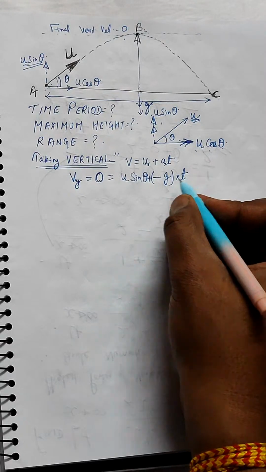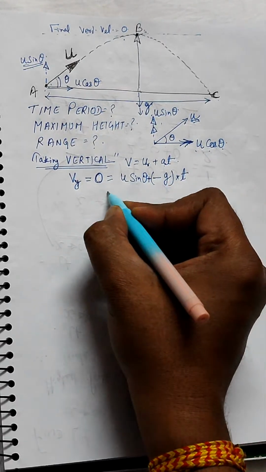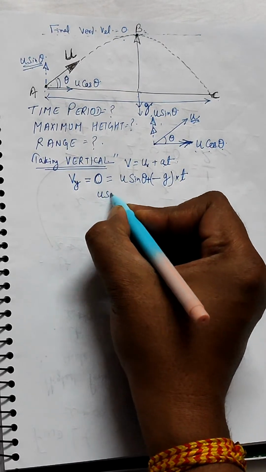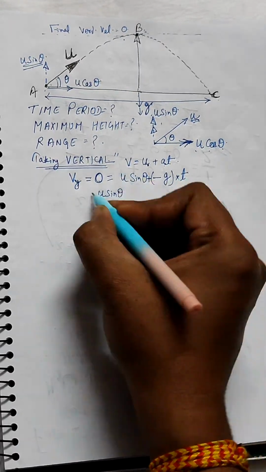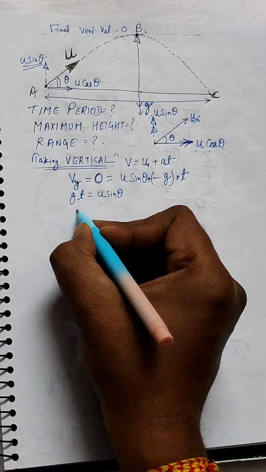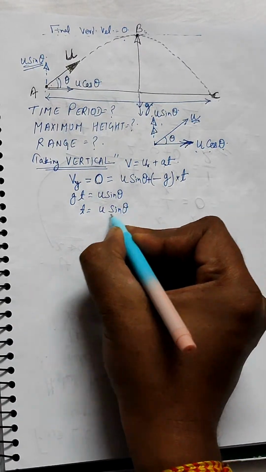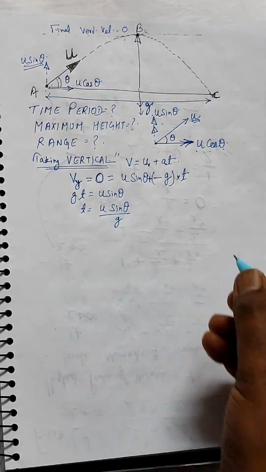Now from here we get the value of t. The value of t is calculated as u sin theta equal to gt, or we can say t equal to u sin theta by g, right?